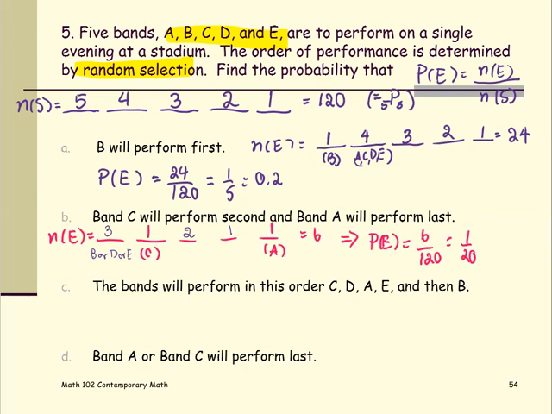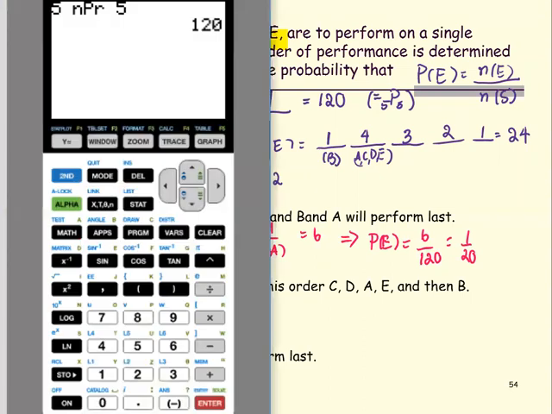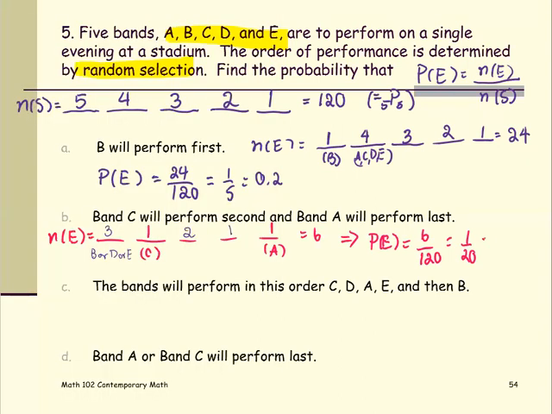In percent form, that is 0.05, or about a 5% chance to set up C as the second performance and A as the last performance.